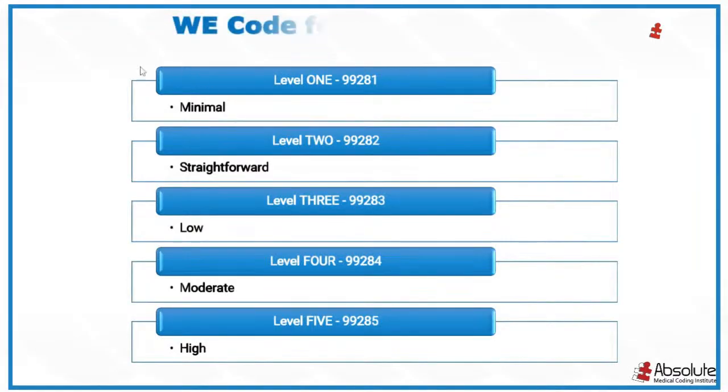And how is it done? Well, we assign a level of service, assign a level of ED facility. So it's either level 1, 2, 3, 4, and 5. And if you look here, you can see that they share the same evaluation and management code.